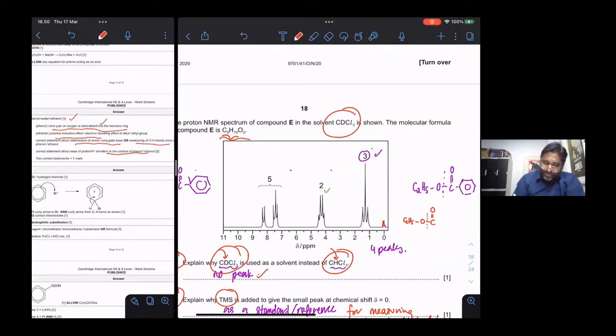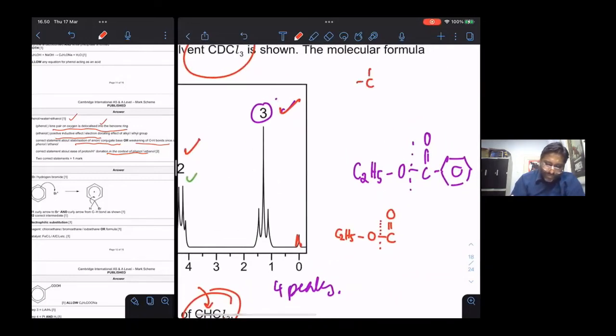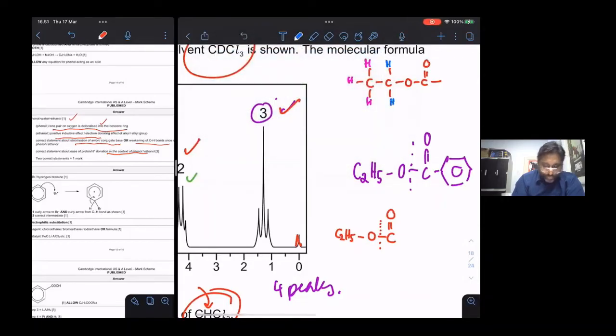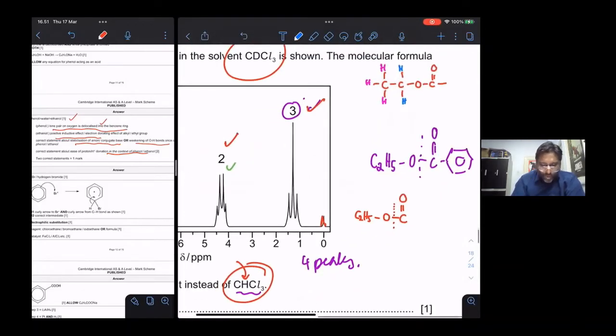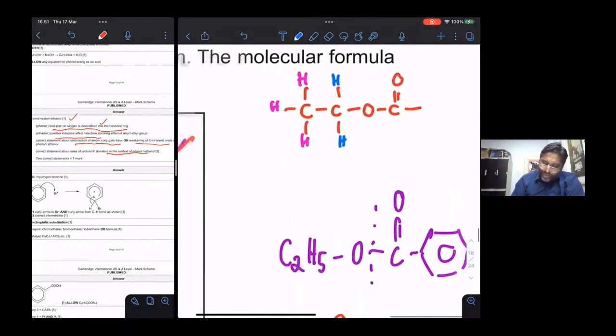When I look over here, I see generally 1, 2, 3 peaks of hydrogen environment. So when I look closer, C2H5, CH3, CH3, then O, C, and then double bond O, then there must be something else. Suddenly I know this is going to be one hydrogen environment, same, and then this is going to be another hydrogen environment, 2. So I must have one more hydrogen environment, which is going to be the 5 over here. If I keep on writing the carbon, then there will be more hydrogen environments.